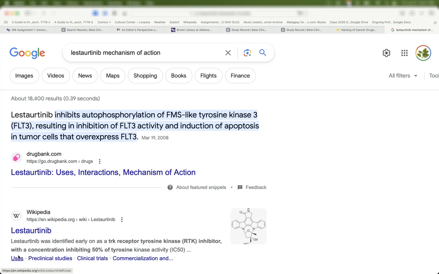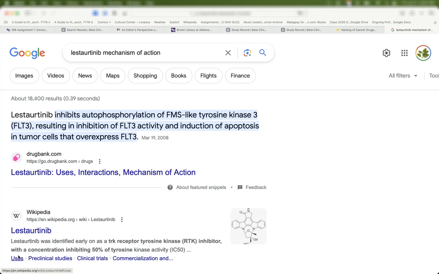And so we can see that by blocking the autophosphorylation of a certain type of tyrosine kinase, or FLT3 here, that reduces the FLT3 activity. So it's that, not tyrosine kinases in general, it's that specific FLT3 thing.